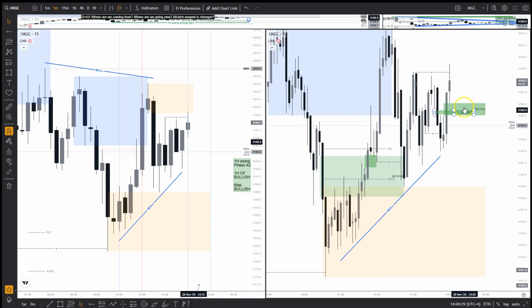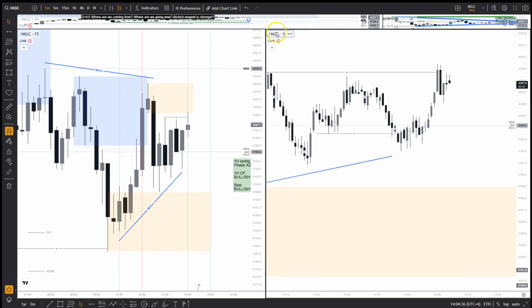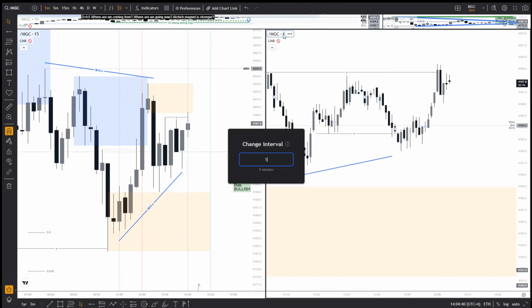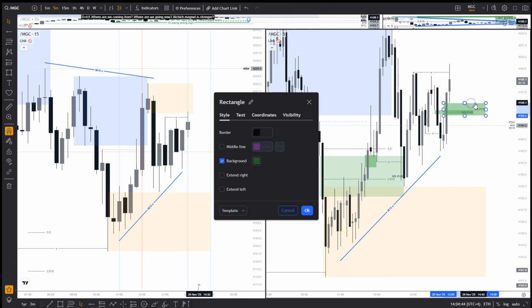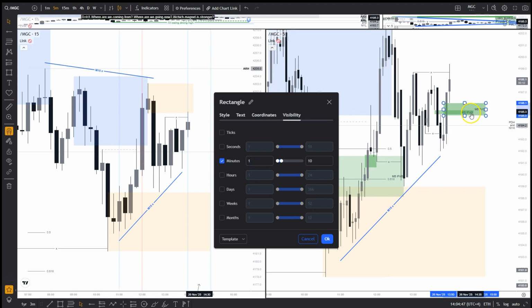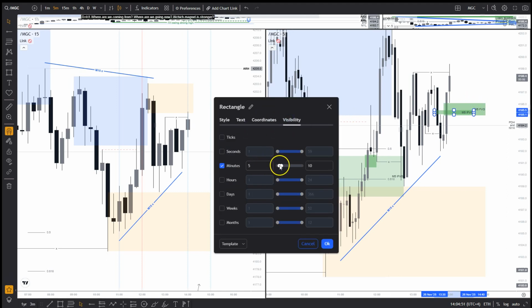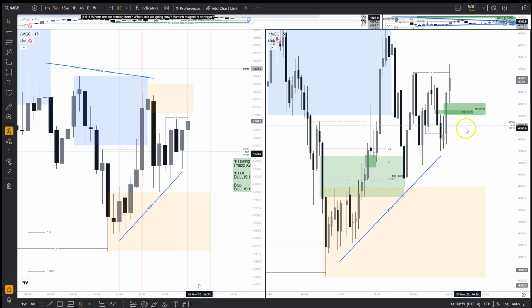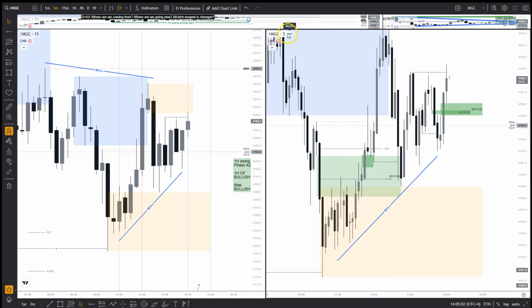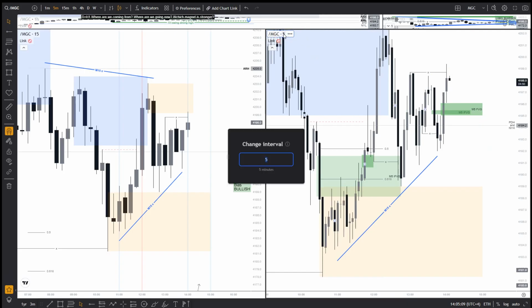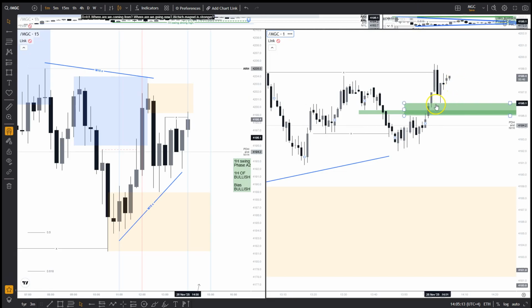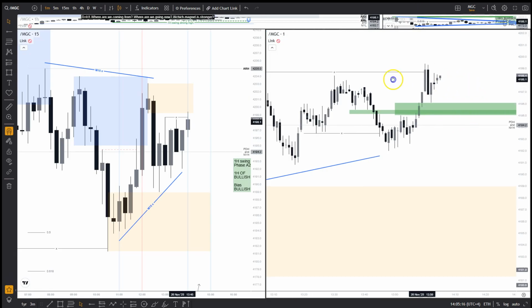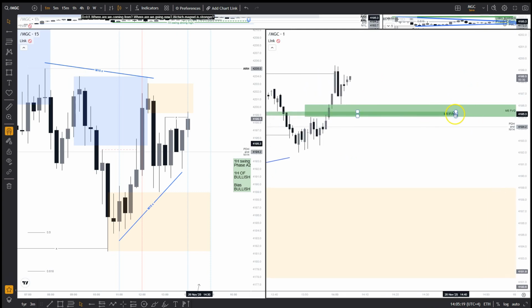Shall we go to M1? Maybe this is a good strategy to go to M1 and simply buy from M1. But on M1 there is no visibility. Okay, so now we have the end of the M5 candle, and now we would have to mitigate one of these levels here.